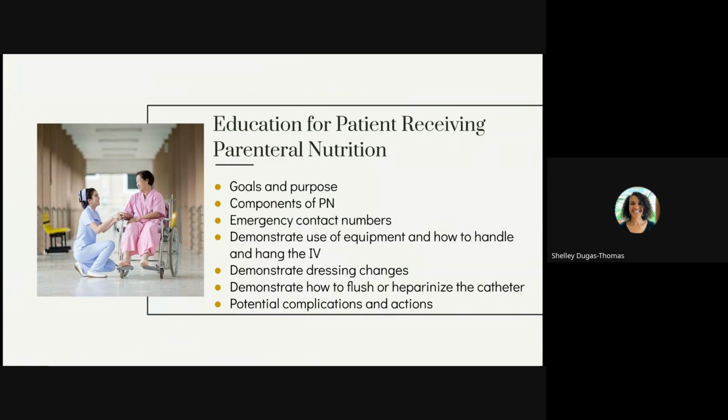Patient teaching includes goals and purpose of TPN therapy, components, emergency contact numbers, demonstrating use of the equipment and how to handle and hang the IV, demonstrating dressing changes, demonstrating how to flush the catheter, and explaining potential complications and appropriate actions.